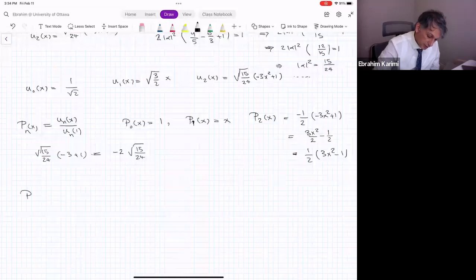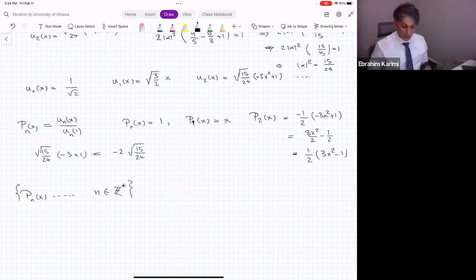So this is the Legendre polynomial set that you will get. And essentially, Pn are orthogonal to each other, but in this form, they are not normalized. Okay?